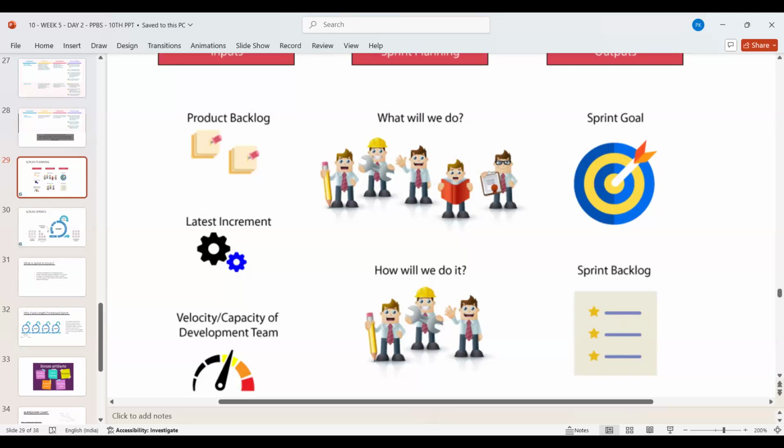So what do we see here? We see that after this particular sprint is completed, we will have a new sprint backlog. When I say new sprint backlog, imagine we had 100 requirements before we started this sprint. This is just hypothetical, for understanding purposes.